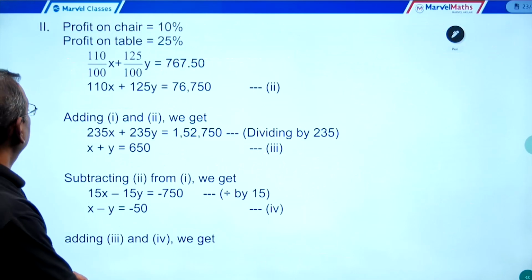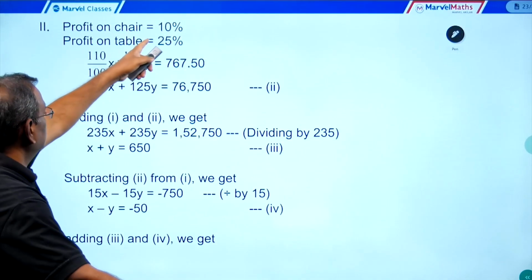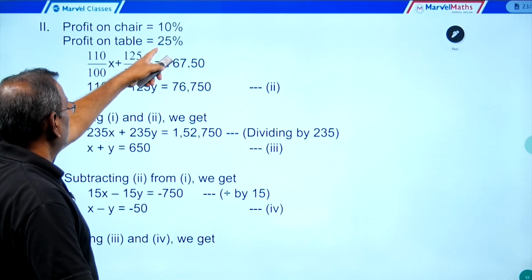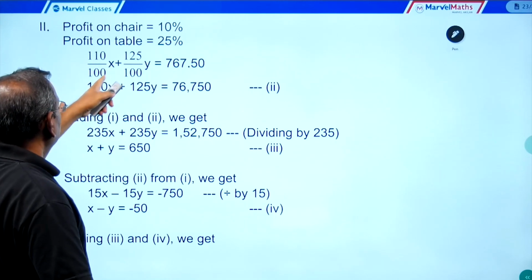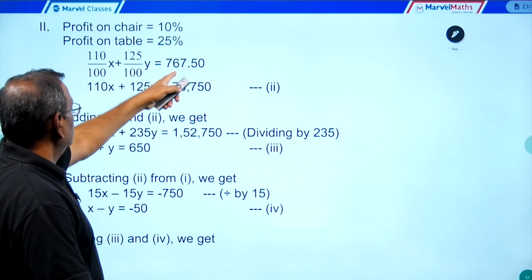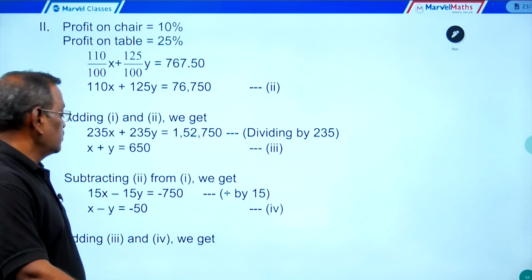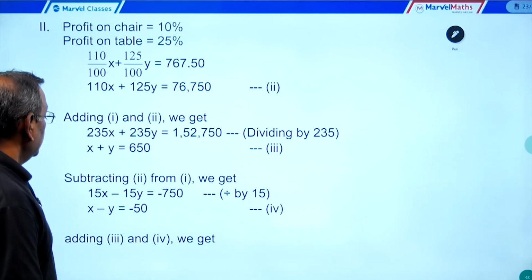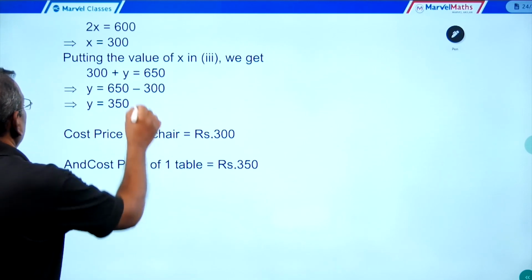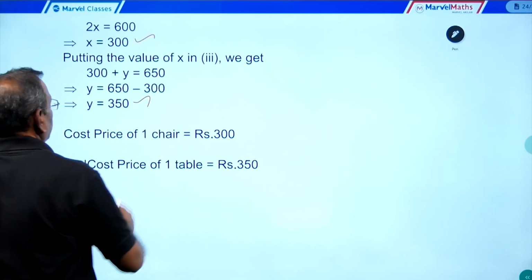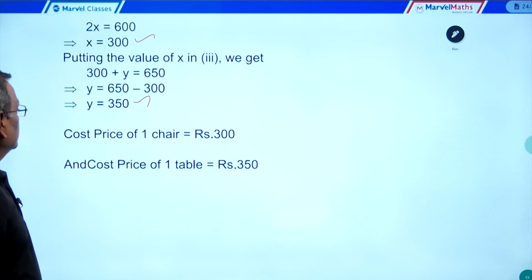So what is the second condition? The second condition is profit on chair is 10% and table is 25%. 110X by 100 plus 125Y by 100 equal to this, and if you cross multiply you will get it. Solve both linear equations by a suitable method. So here X equals 300 and Y equals 350. How to verify whether your answer is correct?